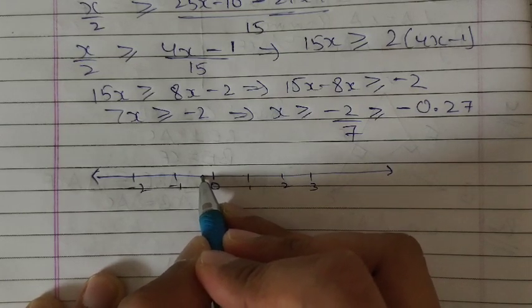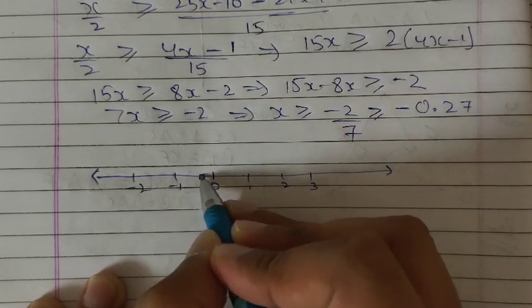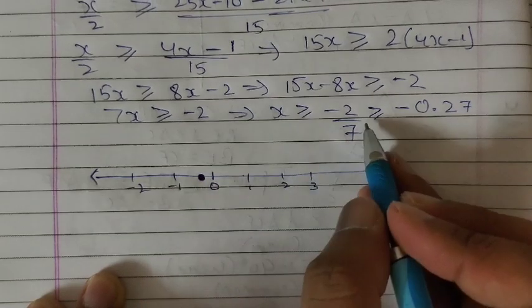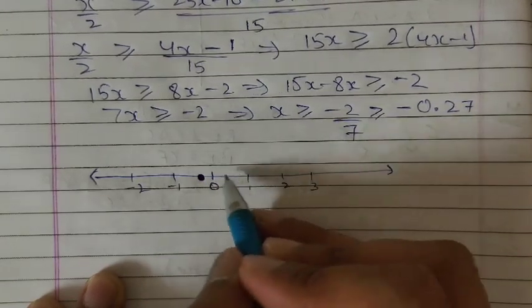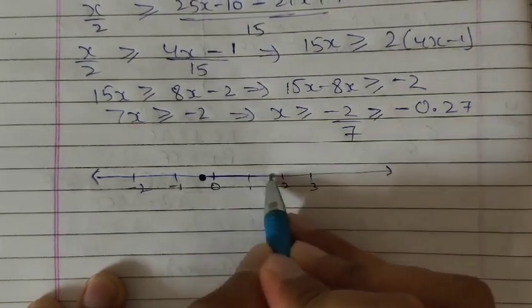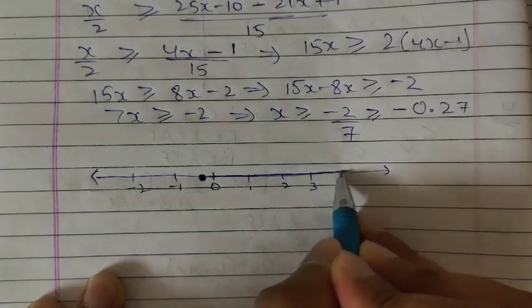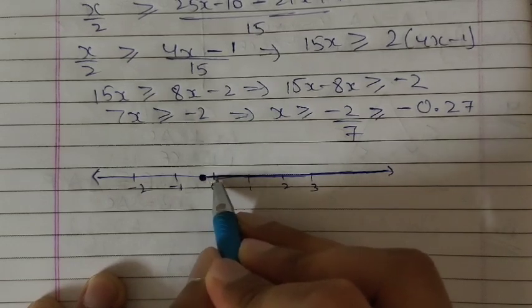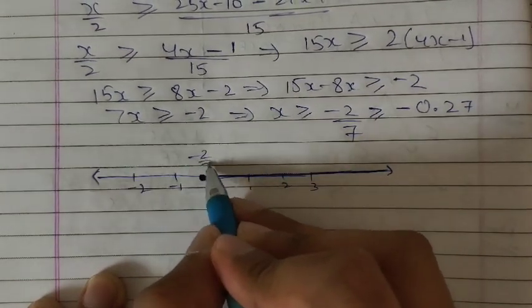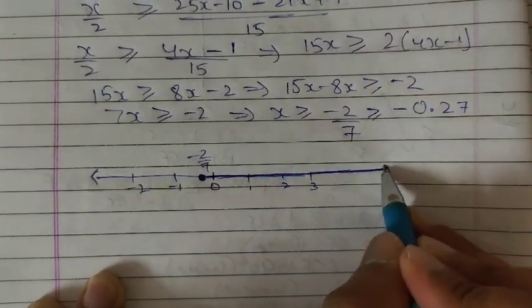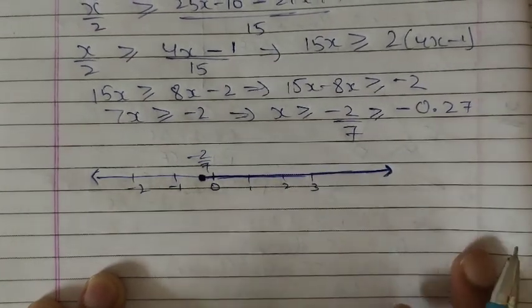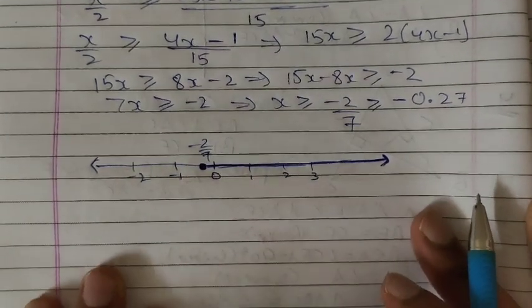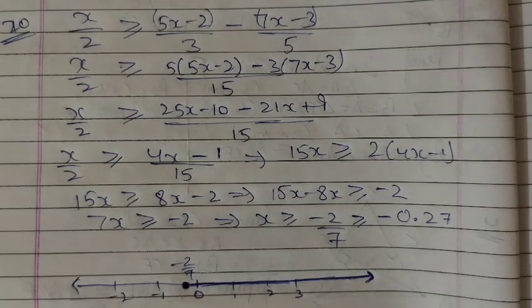And it will be a closed circle because we have the greater than or equal to sign, so x is greater than or equal to this, and we'll go in this direction. Greater than means right side, lesser than means left side. So this is minus 2 by 7, this is our solution, so this is our answer for question number 20.